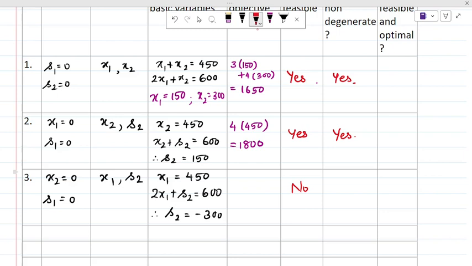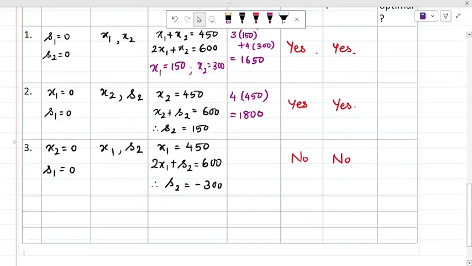No, it is not a non-degenerate solution, because x2 is 0 and s1 is 0, but x1 and s2, one answer is negative. They both should come positive, only then we can say yes. So this is not going to work.